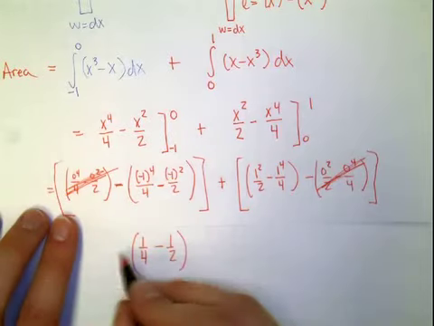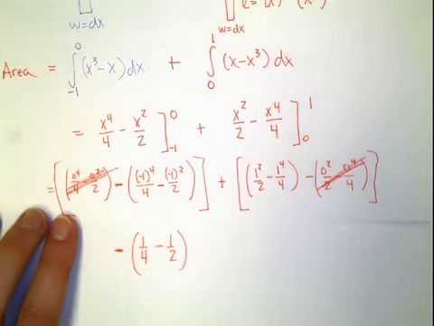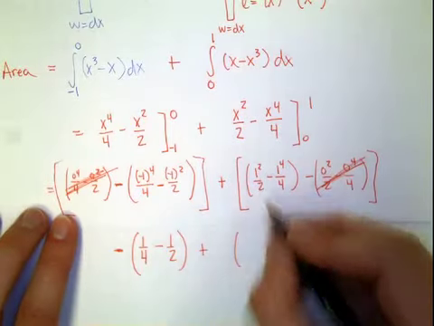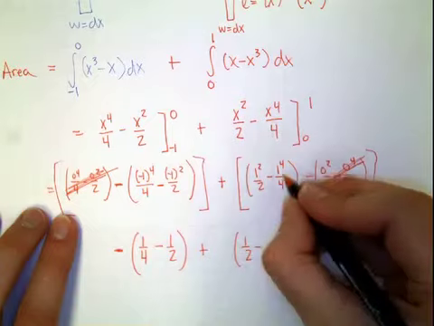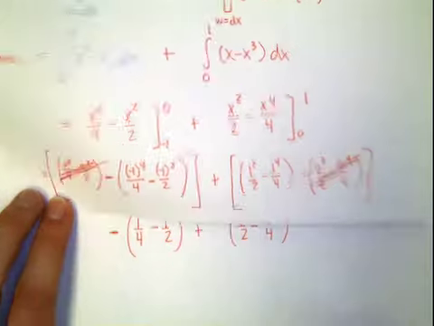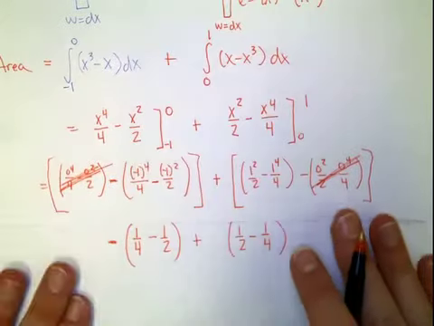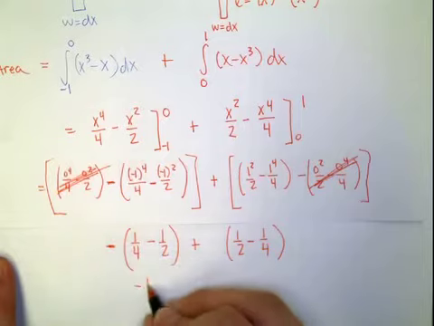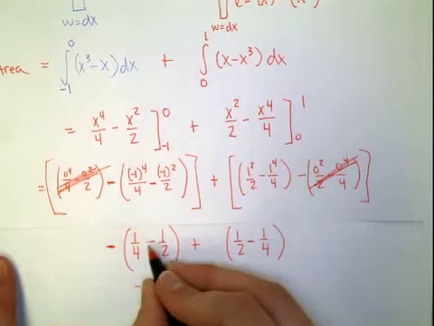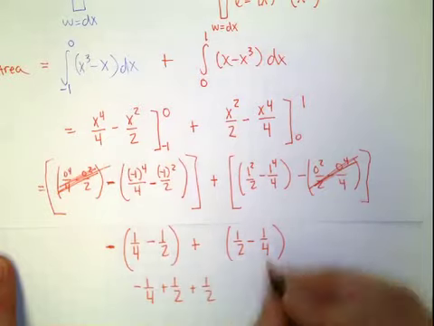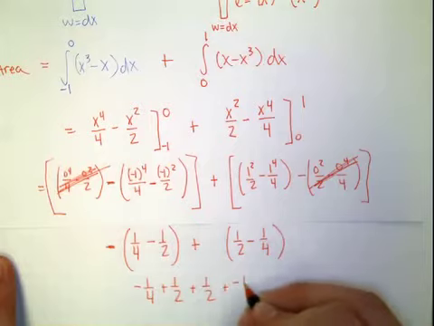So 1/4 minus 1/2. And then remember there was a negative out in front. So we get this. Plus, on this side we have 1 squared over 2, so 1/2. Minus 1 to the 4th over 4, so 1/4. So really, if I was to distribute this negative sign in, I would have negative a fourth, negative a half becomes plus a half, plus another half, plus a negative a fourth.